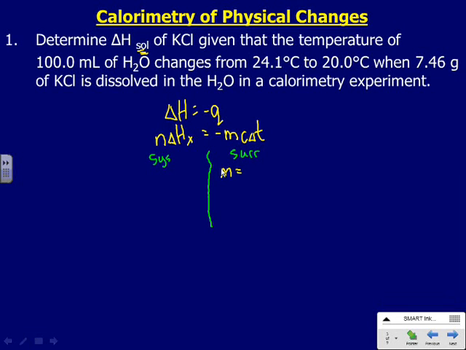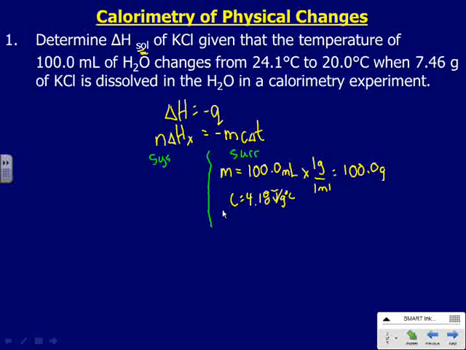So the m, all right, now notice we have 100 milliliters, but we know that the density of water is 1 gram per 1 milliliter, so we actually have 100 grams. More surroundings information. Well, we know it's water, so we know the c is 4.18 joules per gram degree Celsius. And delta T, that's the change in temperature, and we could calculate that even before we put it in the equation, T2 minus T1.